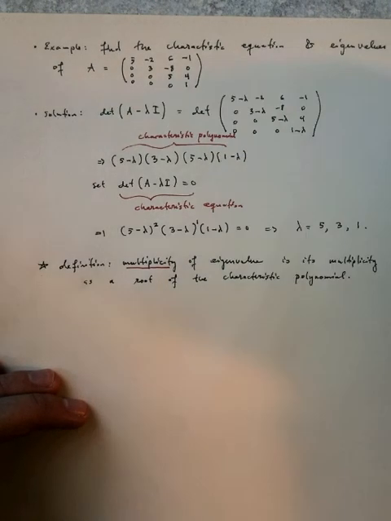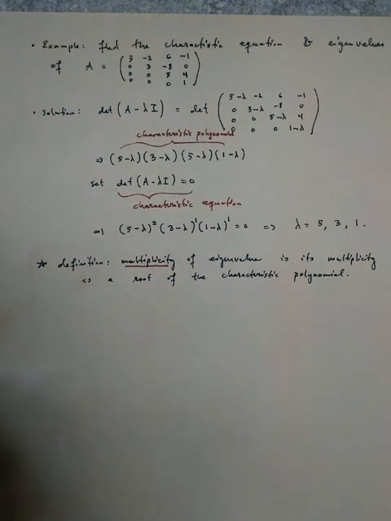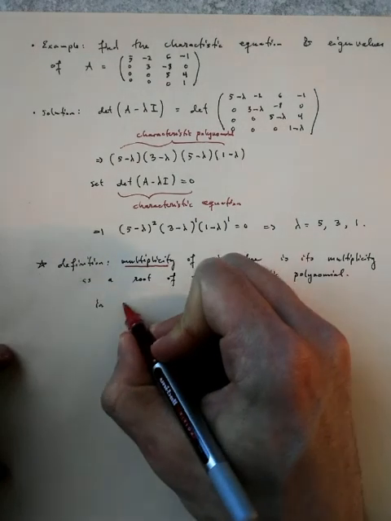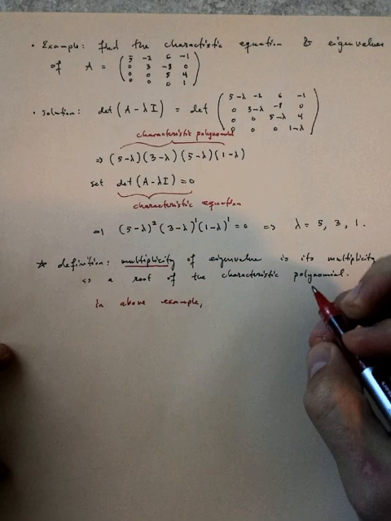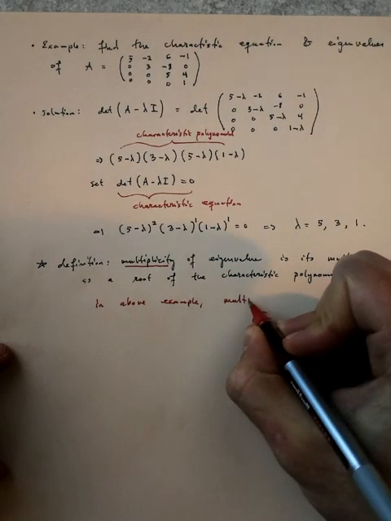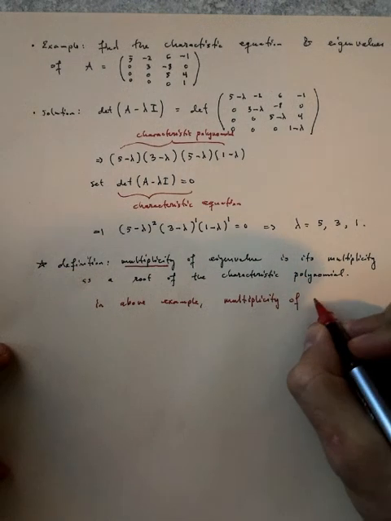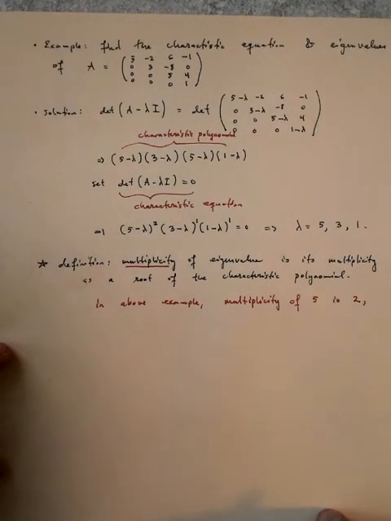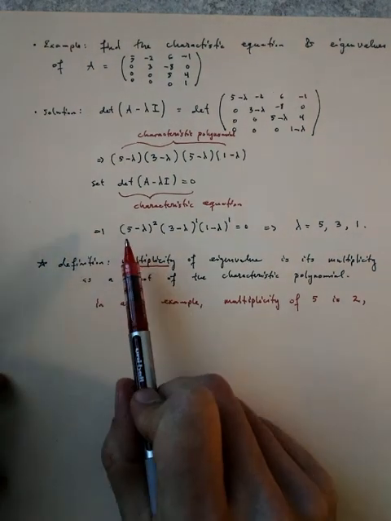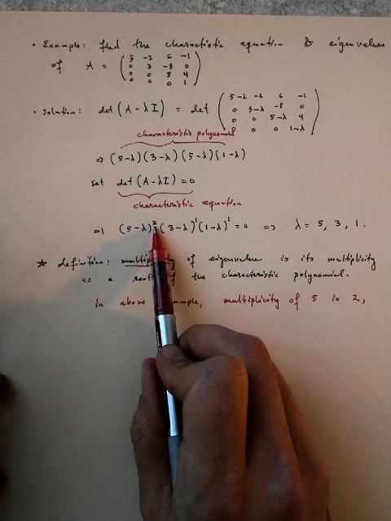So here's a power of 1, and here's also a power of 1. So in this example, the eigenvalue 5 has multiplicity 2, and that just comes from this power.